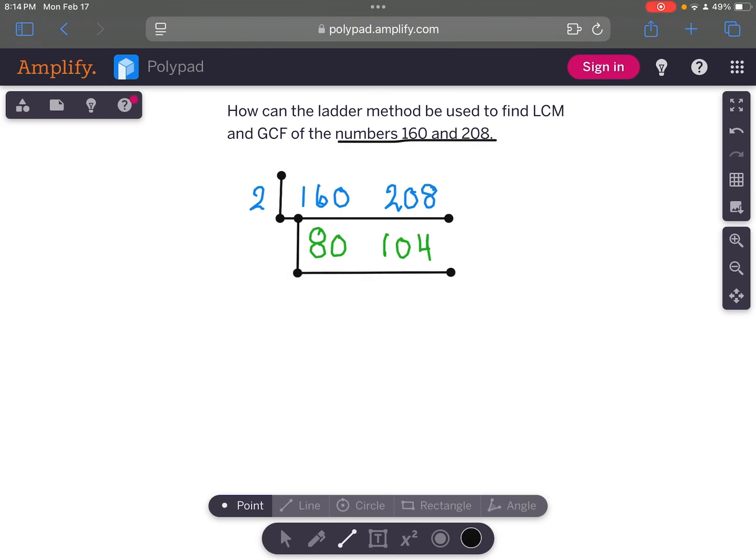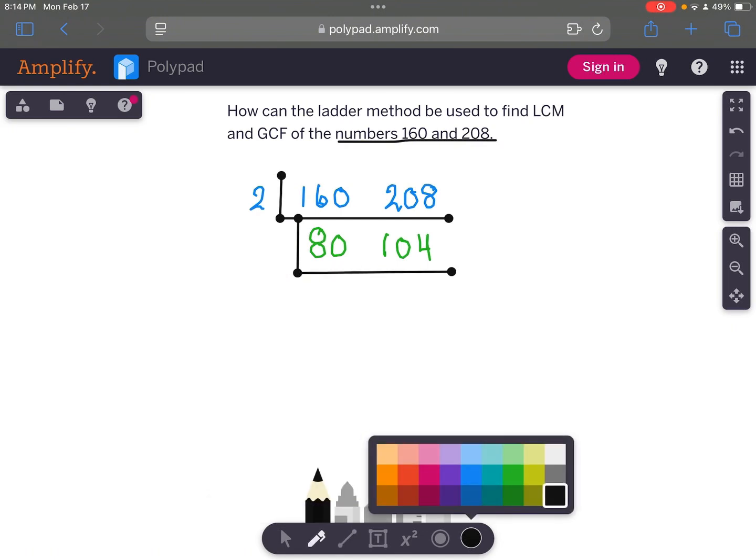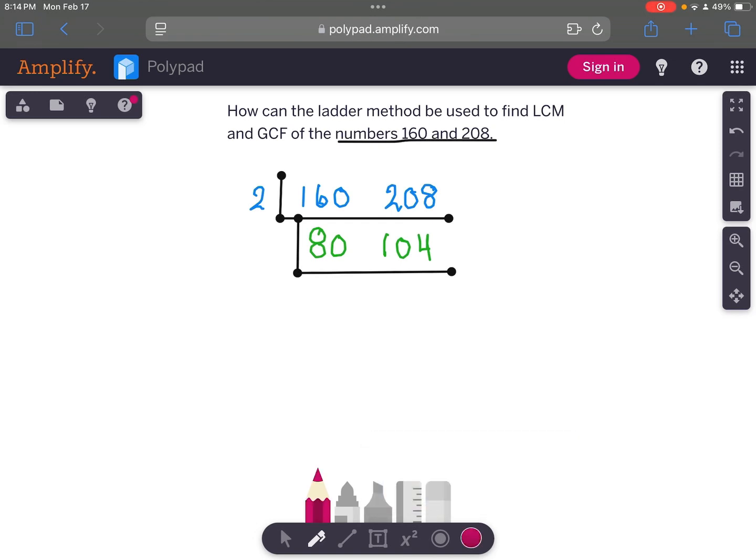So now we have that. So what is our smallest prime number that we can use? A common multiple between both. We can continue to use 2.